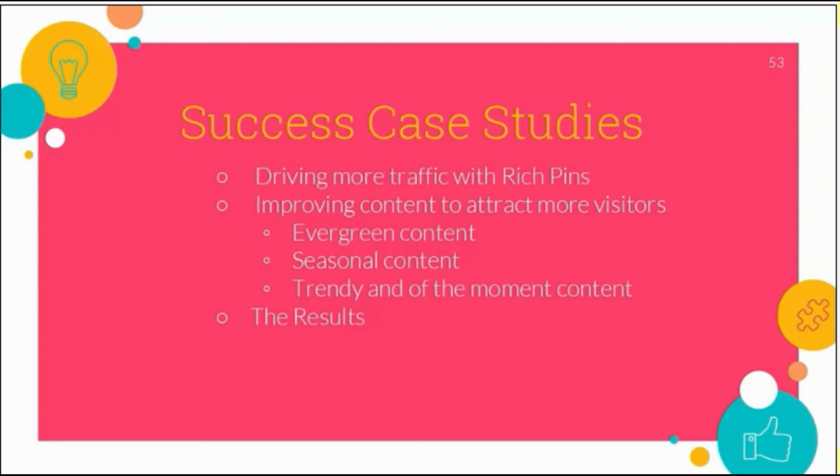Seasonal content covers topics that appeal to readers for 30 to 60 days a year, like holiday-specific content and pins related to big movie releases or key sporting events. Trendy and of-the-moment content covers fashion and diet trends, cultural events, and even notable deaths.